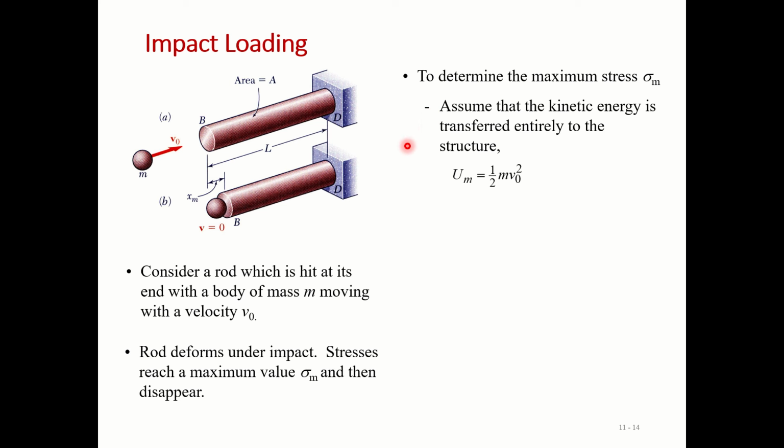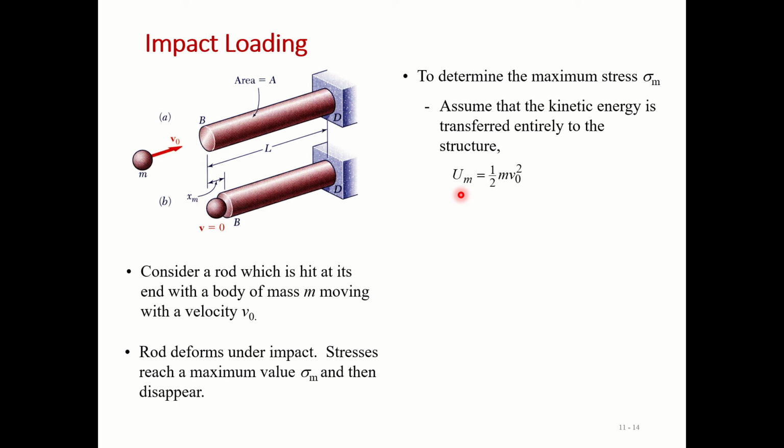There are some assumptions under the analysis of impact loading. We assume that the kinetic energy is transferred entirely to the structure. So the whole kinetic energy of this ball which hits this rod is completely transferred to this rod.